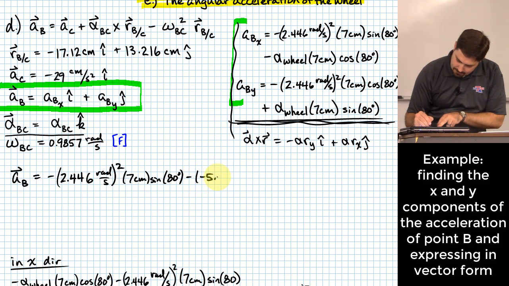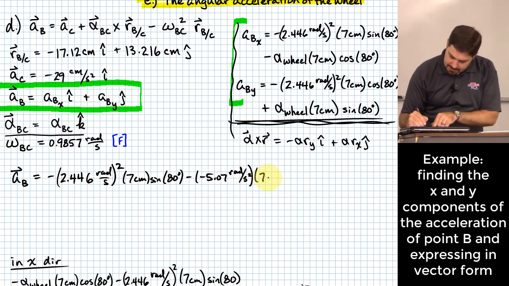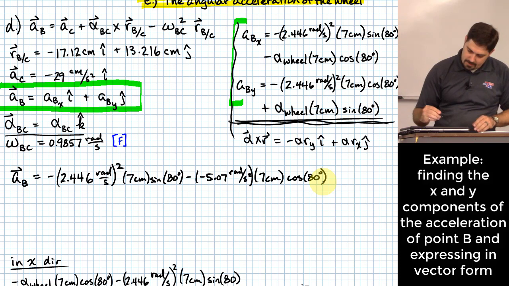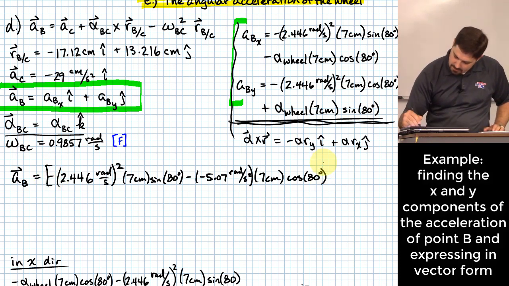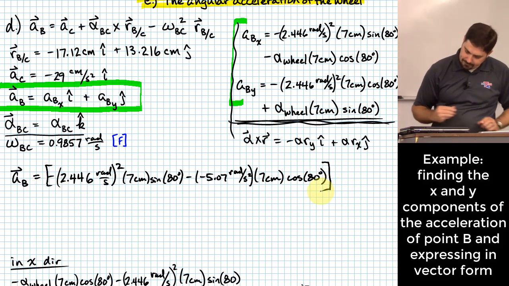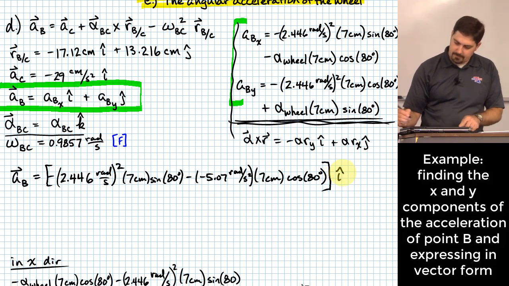Okay. Times 7 centimeters times the cosine of 80 degrees, I.